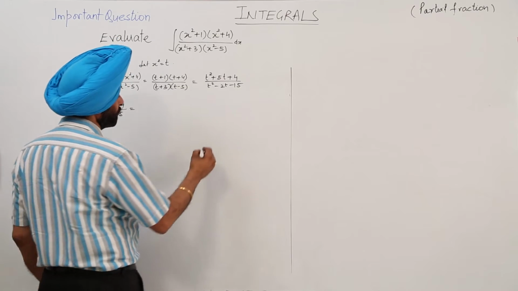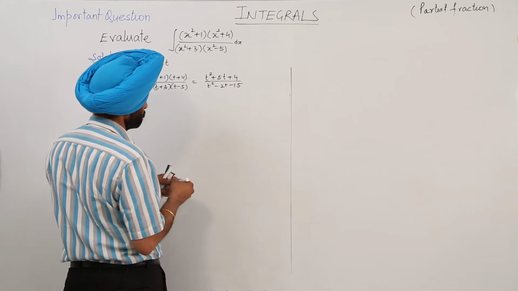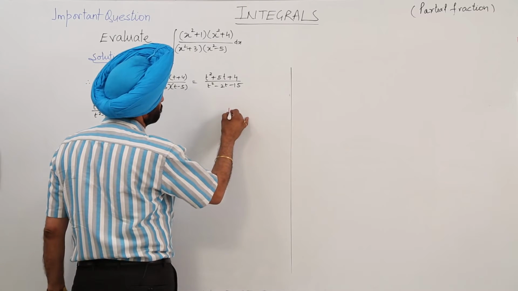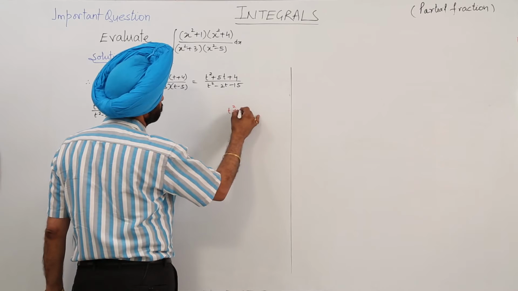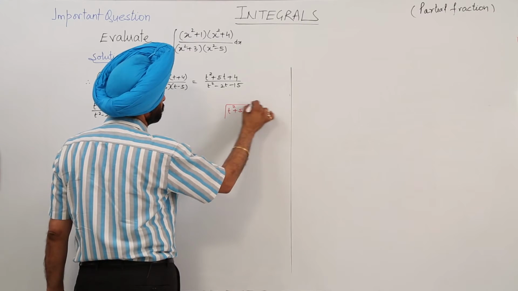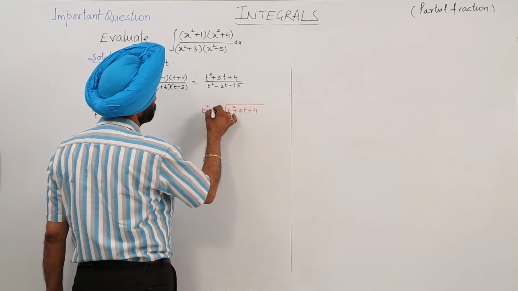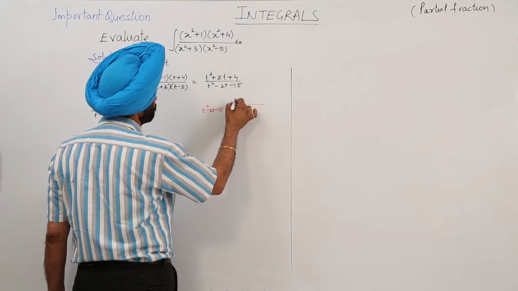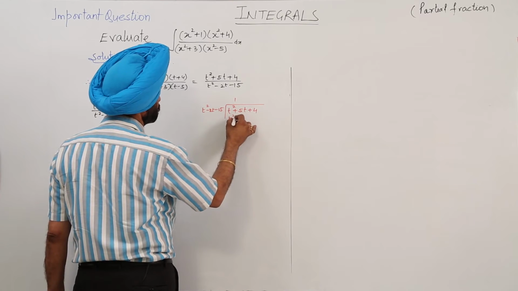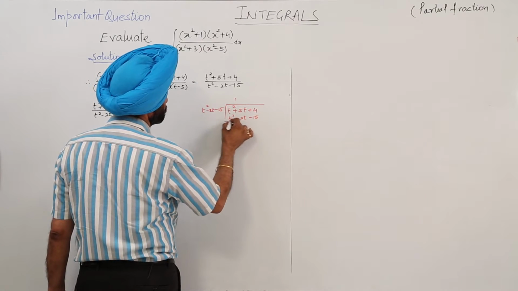Let's check it. t square plus 5t plus 4 divided by t square minus 2t minus 15. Now, we have t square minus 2t minus 15.